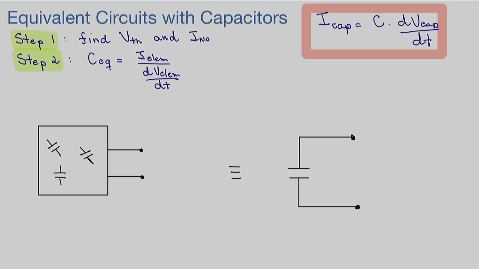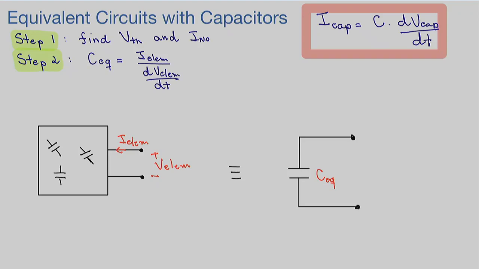When we apply our I-test, V-test, we define that in this box that we can look at as an element, there will be an I element, and a voltage across it that we have been calling V element, and we can use all the methodology that we learned so far to solve that in a way that we would come up with an answer that says, okay, the equivalent capacitor for that box is CX.